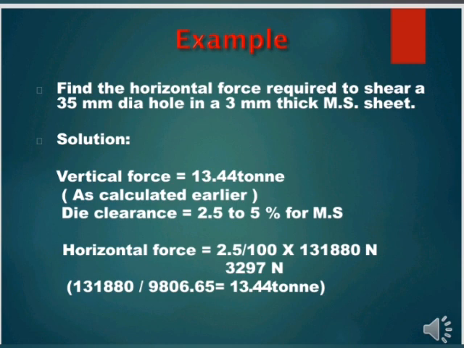So, horizontal force required to shear a 35 dia hole in a 3 thick MS sheet is 3297 Newton.